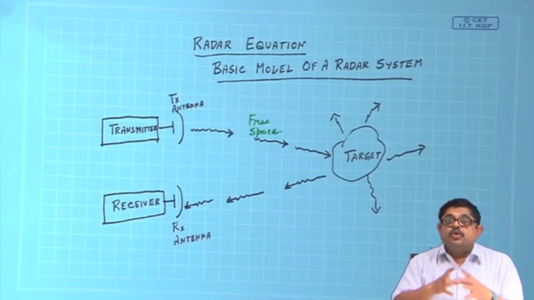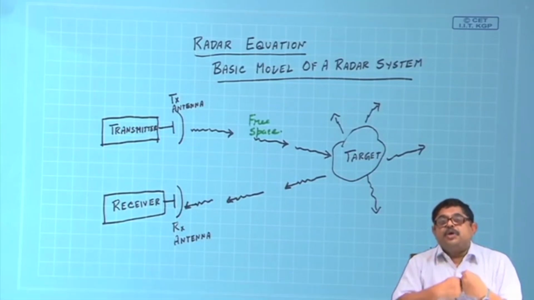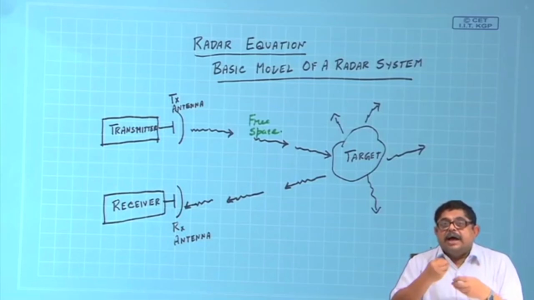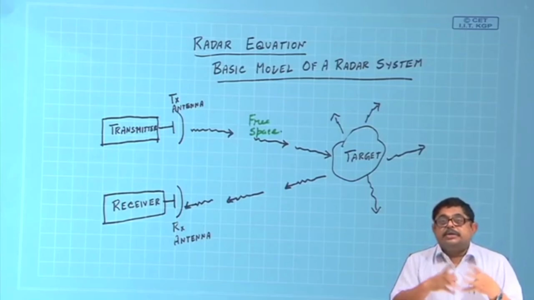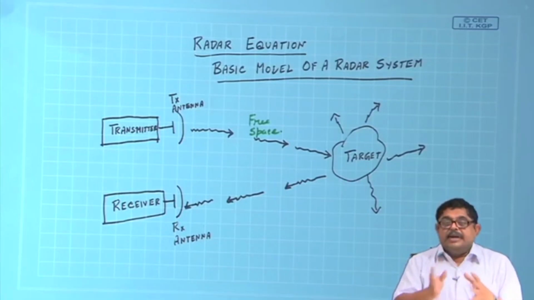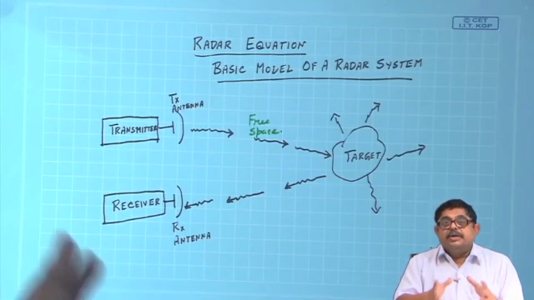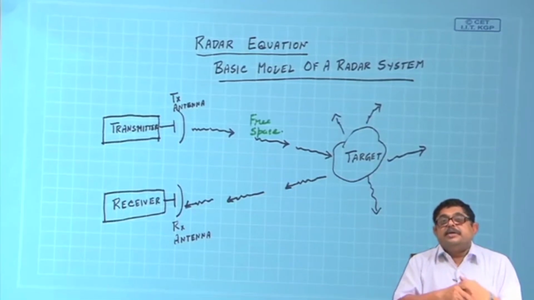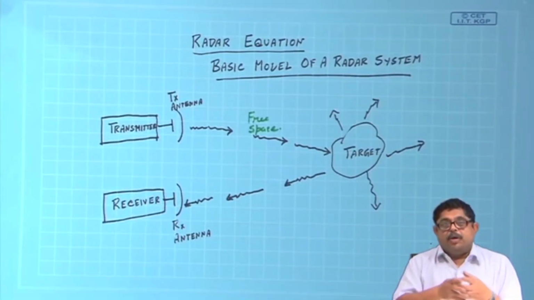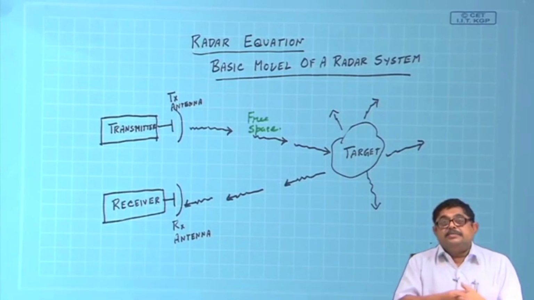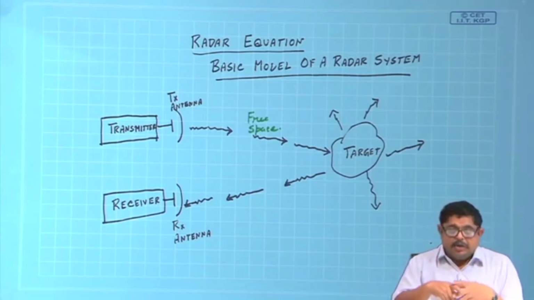Also, the target absorbs energy, and some of that energy it emits again as a source. That is called scattering. It is different from reflection and refraction. In radar we are interested in scattering, because it gives information about the body, as the target behaves as a secondary source. Some information about the characteristics of the target we get from that.